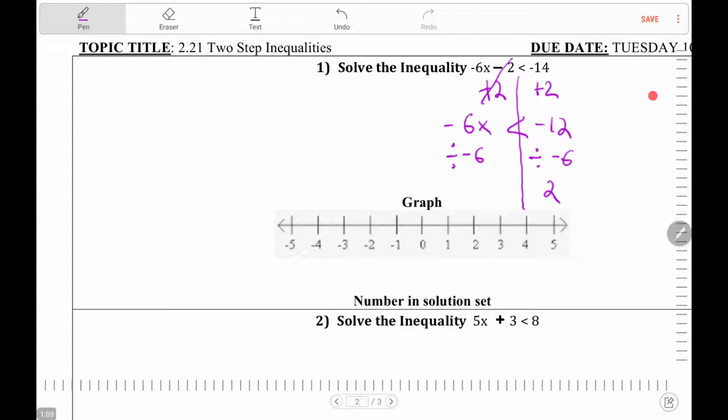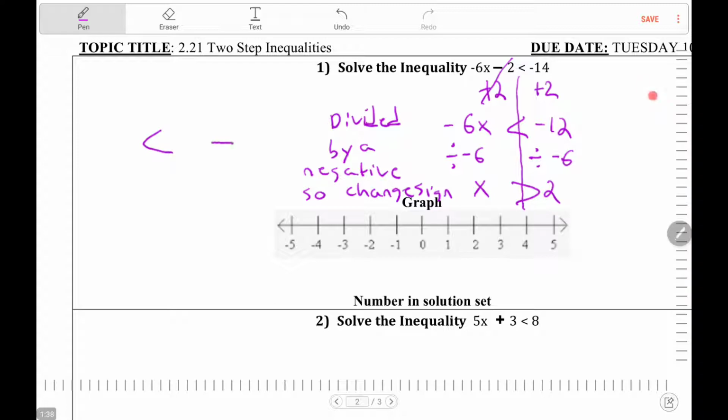Negative 6x divided by negative 6 is x, and I divided by a negative, so change the sign. Right? This flips, so we'll do that, becomes that.